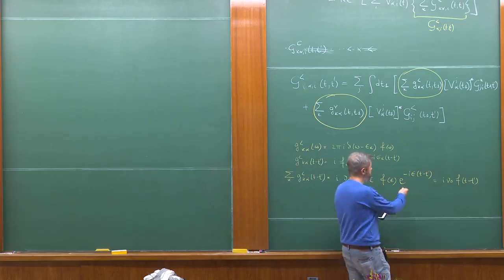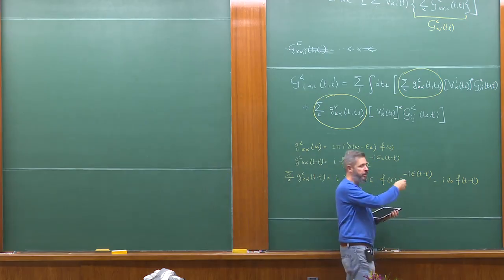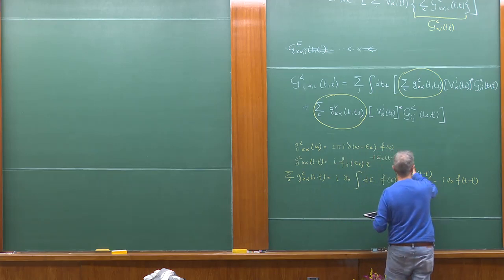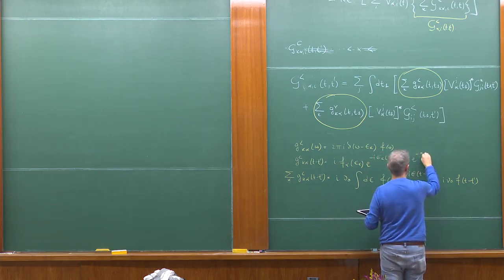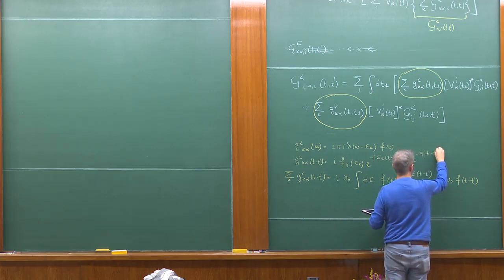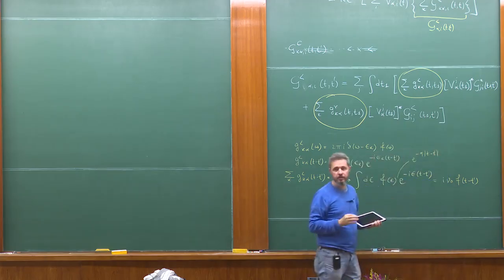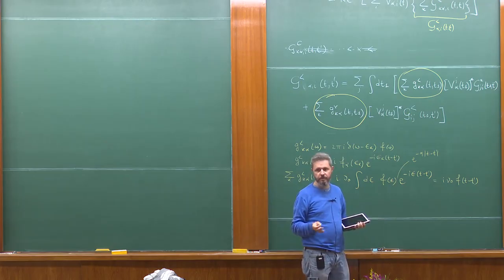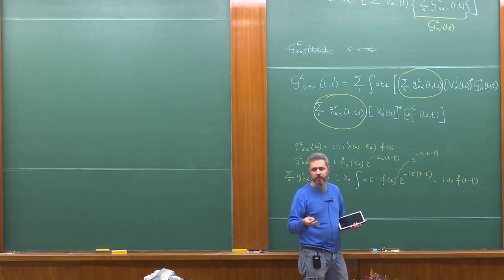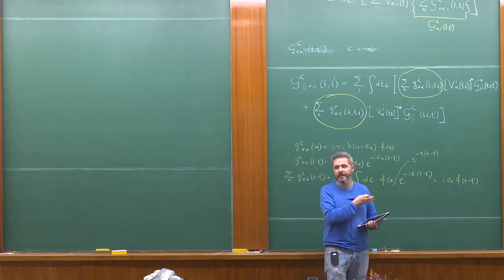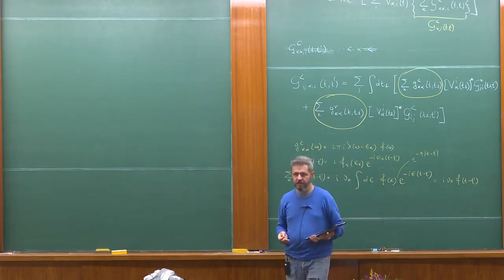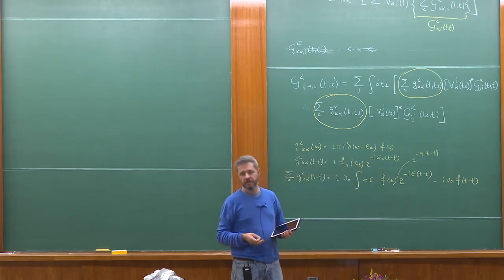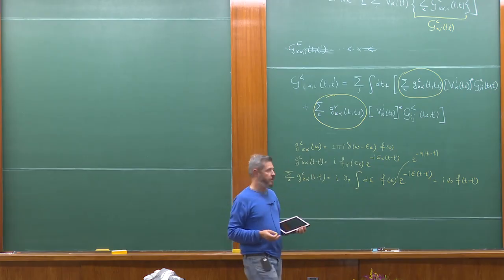So you can make it convergent, for example, by putting here an exponential regularization, right? You decide that this is e to the minus eta t minus t prime, and then everything is going to be fine. Sorry? We're doing any temperature, it doesn't matter. At any temperature, this Fourier transform does not exist. I mean, the integral does not exist in a standard way, right?